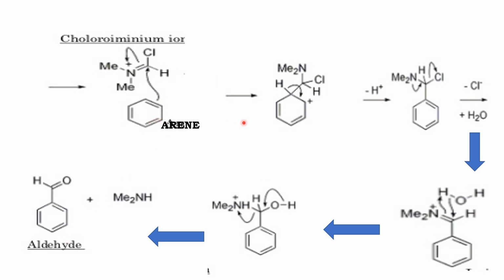During this process, H plus will be eliminated, Cl minus will be eliminated, and finally Me2NH will be eliminated to form the aryl aldehyde. You got it? I hope you got it. Take down carefully. Check your book and my PowerPoint.